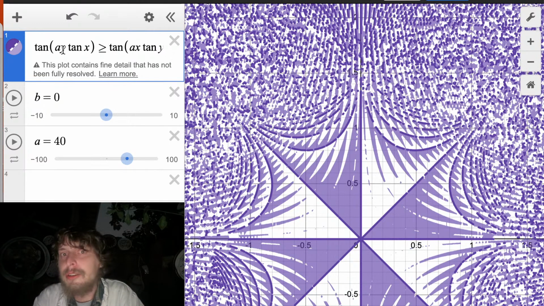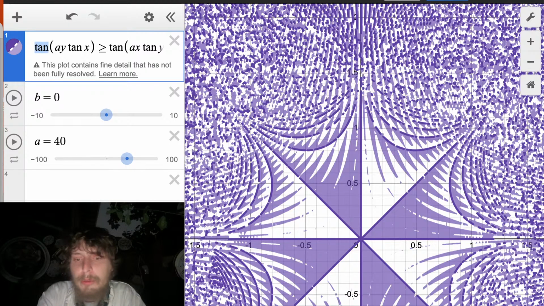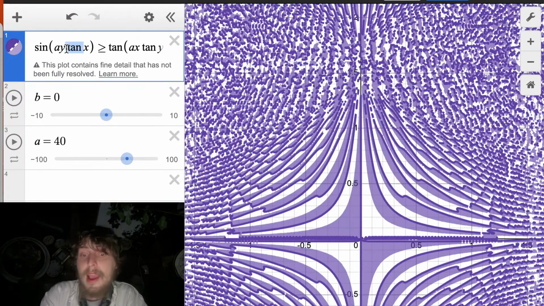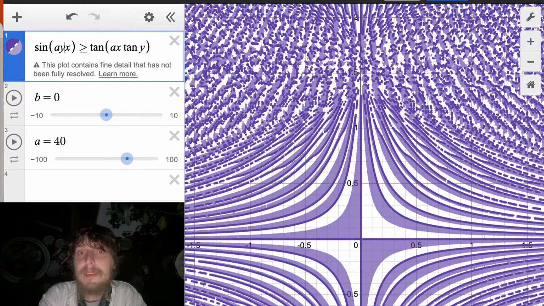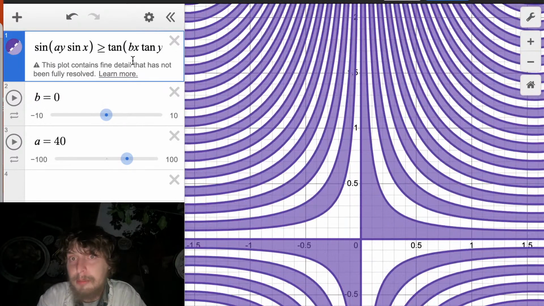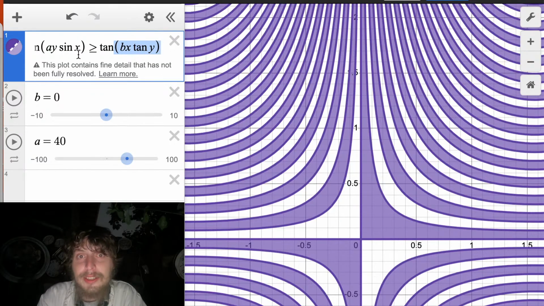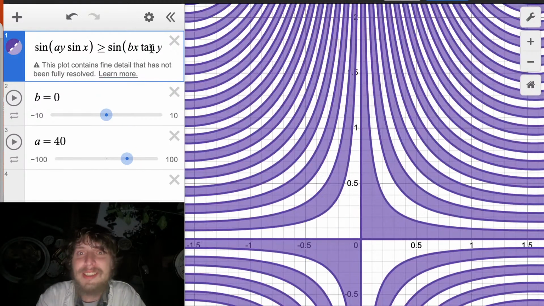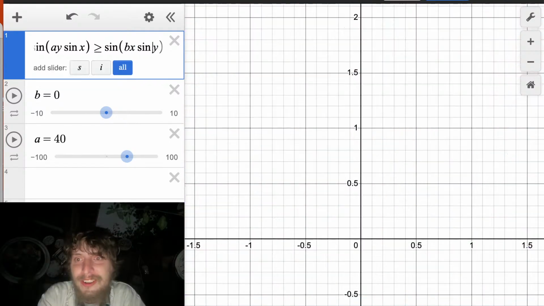What I'm going to do here, for a moment, we're going back to sine, but we're going to set a different coefficient. This is going to be b, and that's going to be a. And this is interesting. We can see it's sort of boring when one of them is sine and the other is tangent. It's way more interesting when they were either all tangent or all sine.